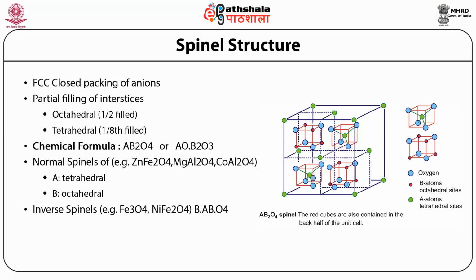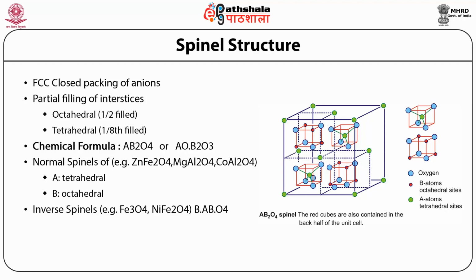The chemical formula for the inverse spinel structure is B(AB)O4, but can be more conveniently written as A2+ B3+ 2O4.